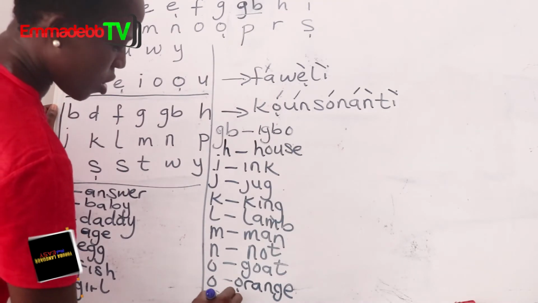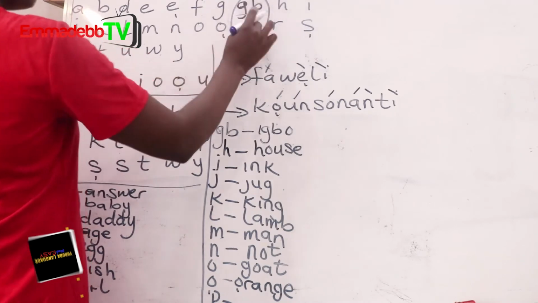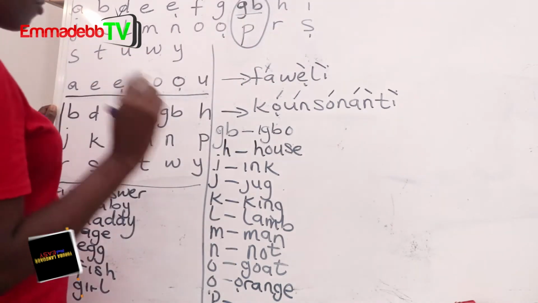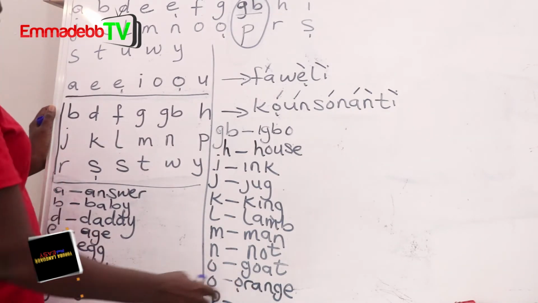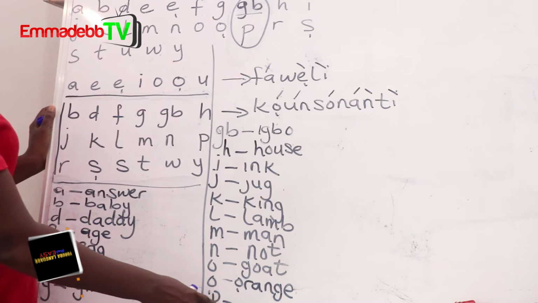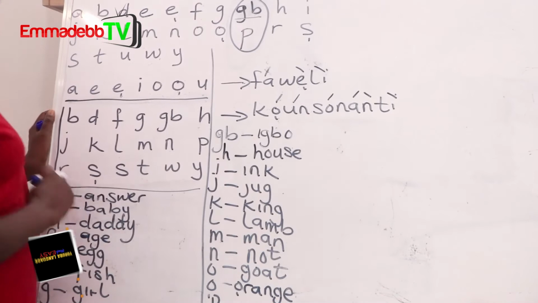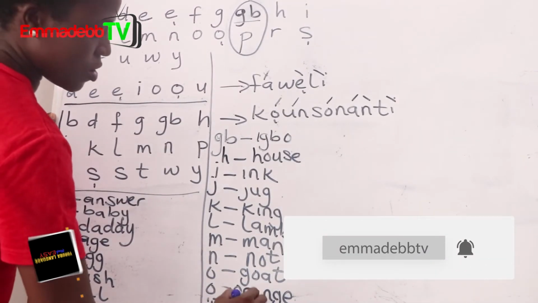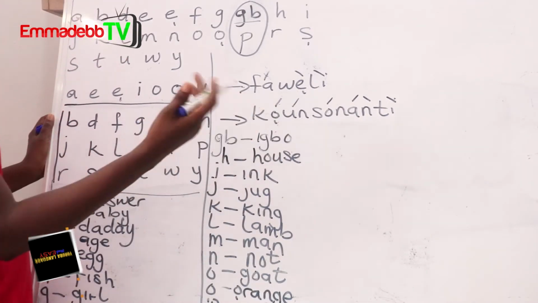P is also a sound that is peculiar to Yoruba. So these two, GB and P, are peculiar to Yoruba language. You don't pronounce it as in people. It is not pronounced as a normal P. There is no example in English, you can only have examples in Yoruba, just like GB.